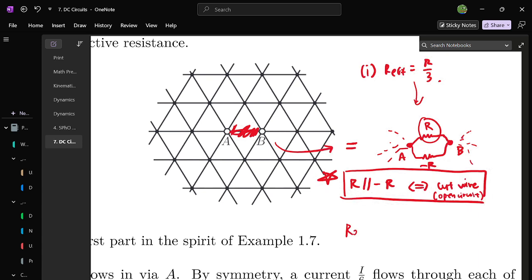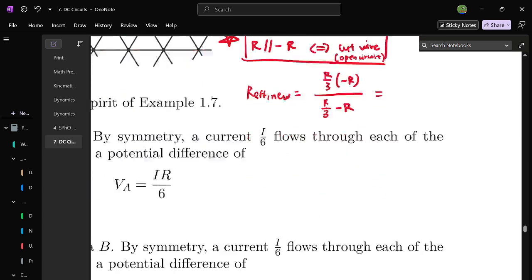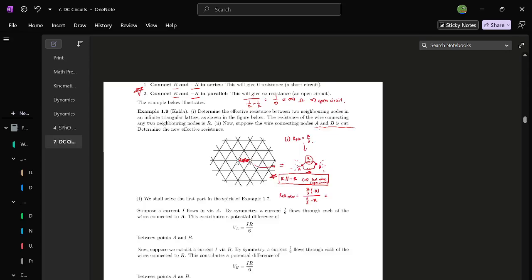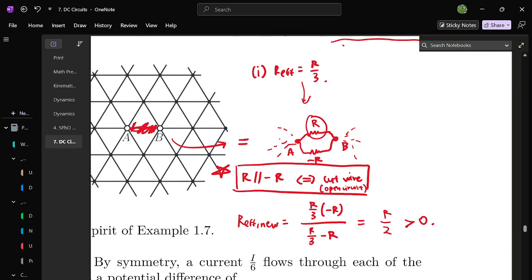So your new effective resistance will simply be R over 3 times minus R, over R over 3 minus R. Now you can check yourself that this actually is positive, and you should get R over 2, which is positive. So your negative resistance actually doesn't make things negative. It's just a concept that helps you visualize how open circuits work.